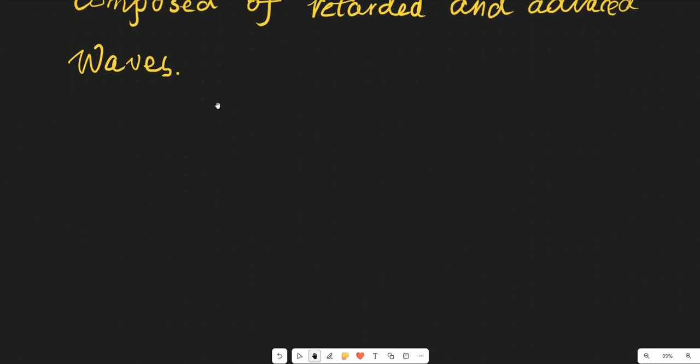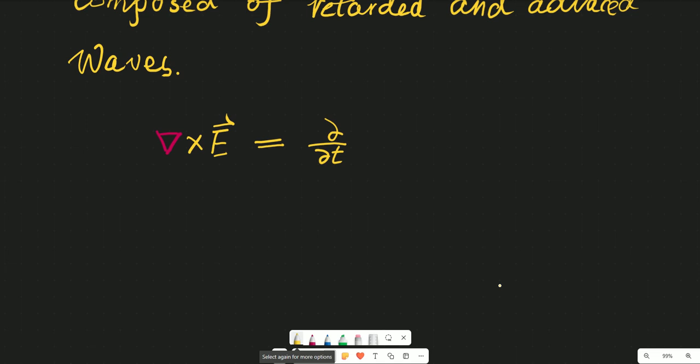The Maxwell equations have two curl equations: curl of E equals minus the time derivative of B, and curl of H equals the current J plus the time derivative of D. These are the two curl equations of Maxwell's equations.